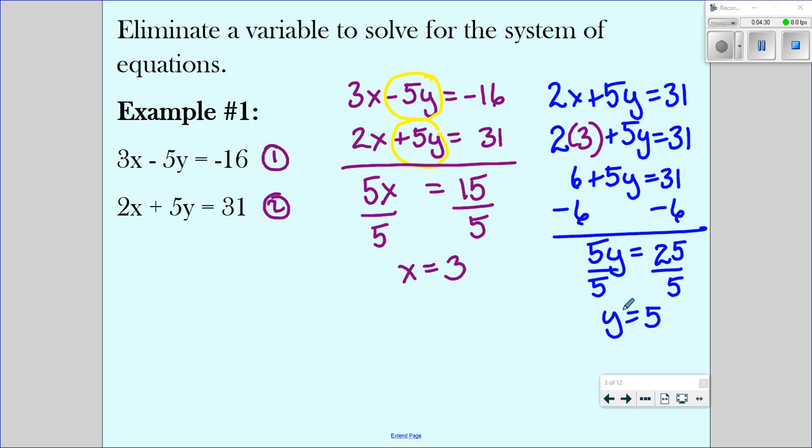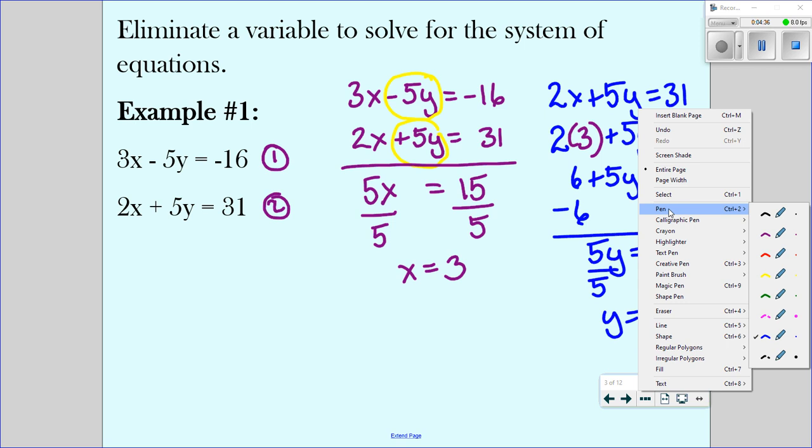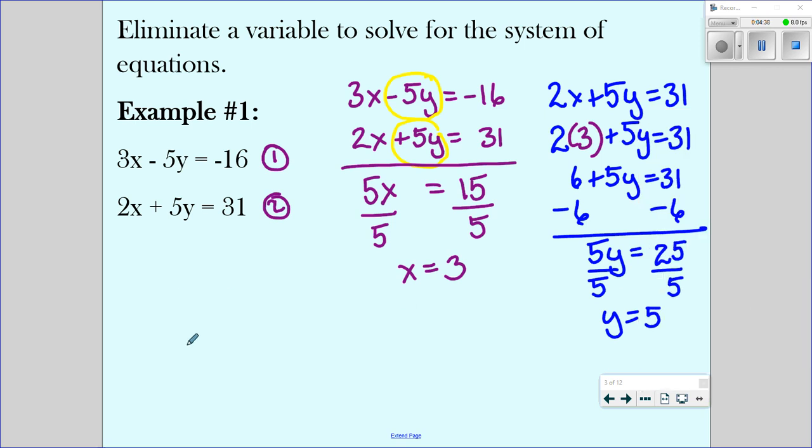All right, so now I've got x and I've got y. And my last final step to write the answer will be in coordinate form. So it'd be parentheses 3, comma 5. Because remember, when you have a coordinate point, it is x, comma y.